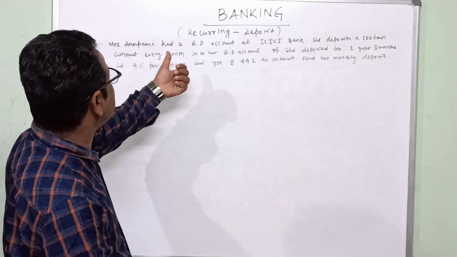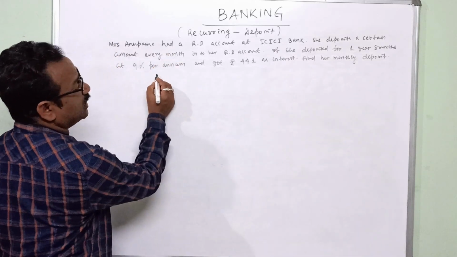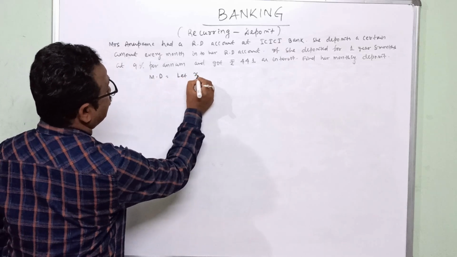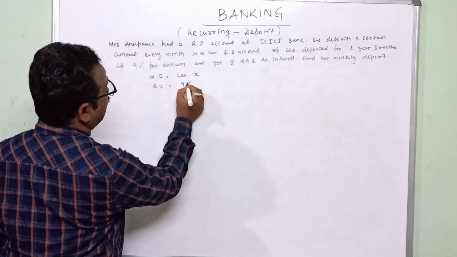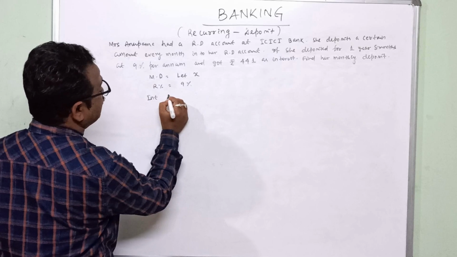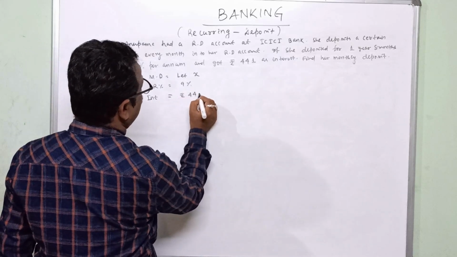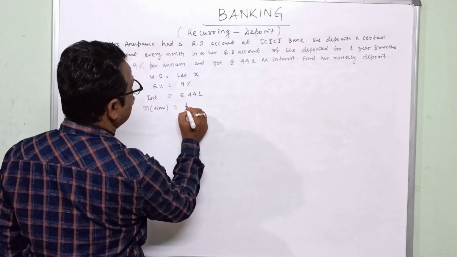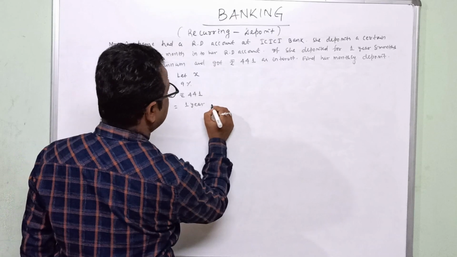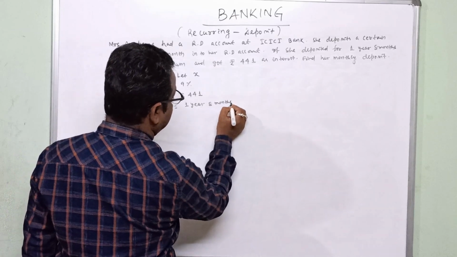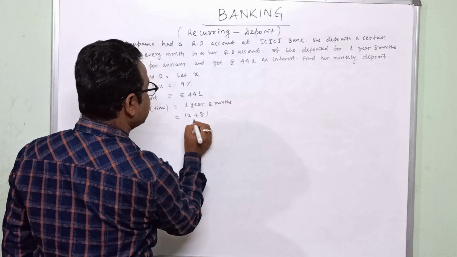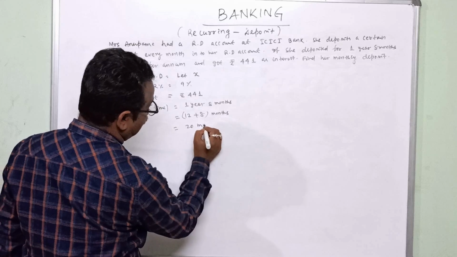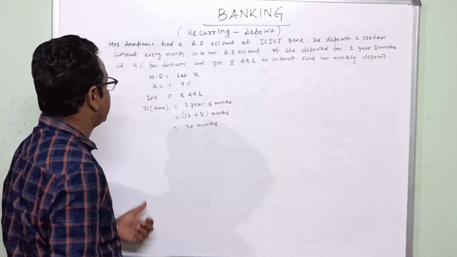So now here in this given question, monthly deposit is equal to rupees X, rate percent is equal to 9%, interest is equal to rupees 441, time is equal to 1 year 8 months, which is equal to 12 plus 8 months, equal to 20 months.